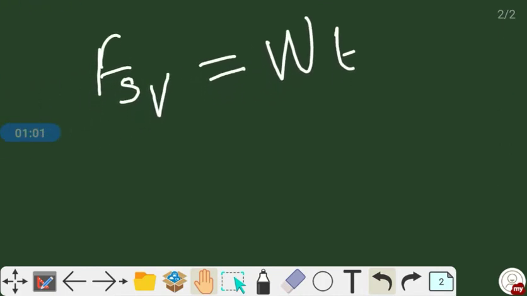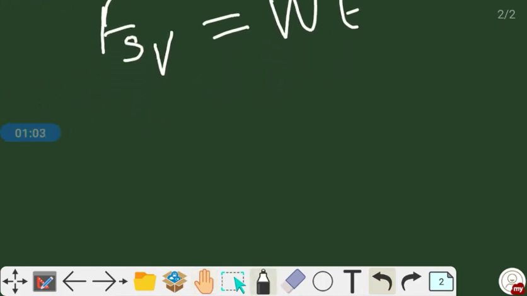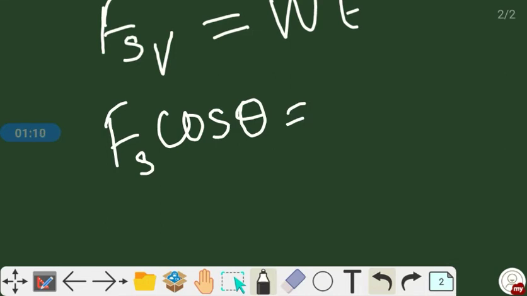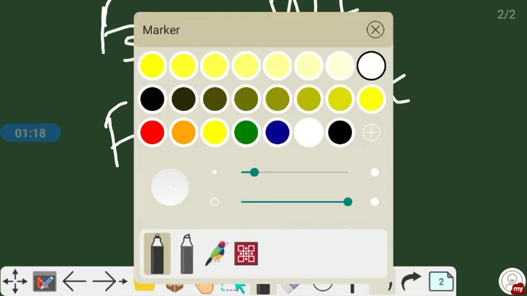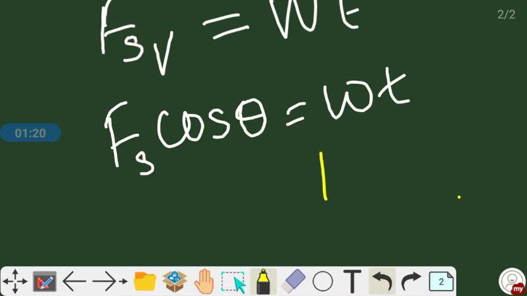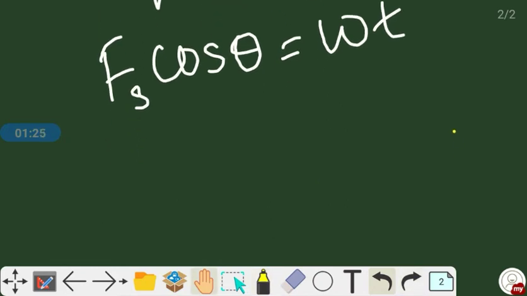So Fs vertical, which is Fs cos theta, will be equal to weight. So what will Fs be? Fs will be the surface tension force.